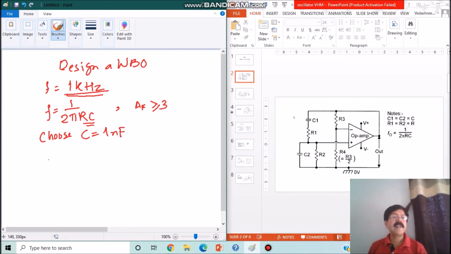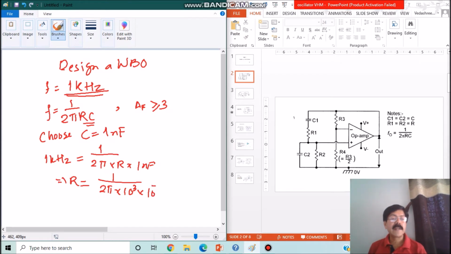Now I'll put in the condition that 1 kilohertz frequency of oscillation is equal to 1 upon 2 pi R into 1 nanofarad. It gives me the value of R equal to 1 upon 2 pi, with this 1 kilohertz here and this 1 nanofarad written like this.